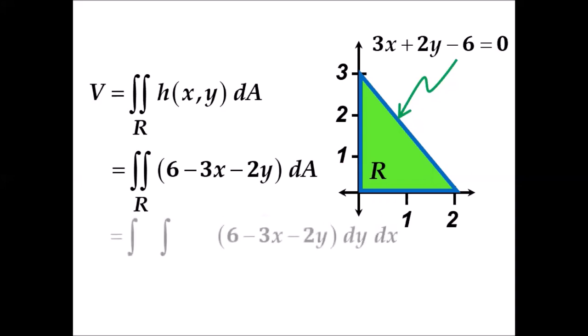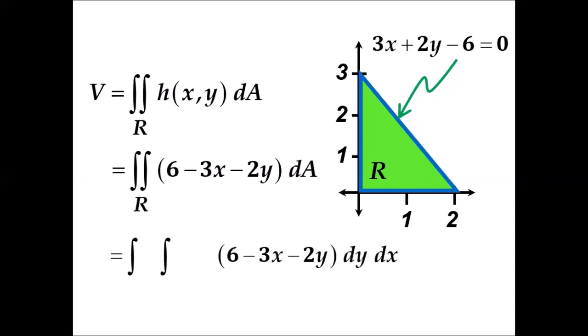And suppose we set dA to be dy dx. That means we will be using vertical strips to find the area of the region R. For the bounds of the innermost integral, we have to express the upper and lower bounds of R in terms of the variable x. Note that R is bounded above by the line y equal to (6 minus 3x) over 2, and bounded below by y equal to 0.